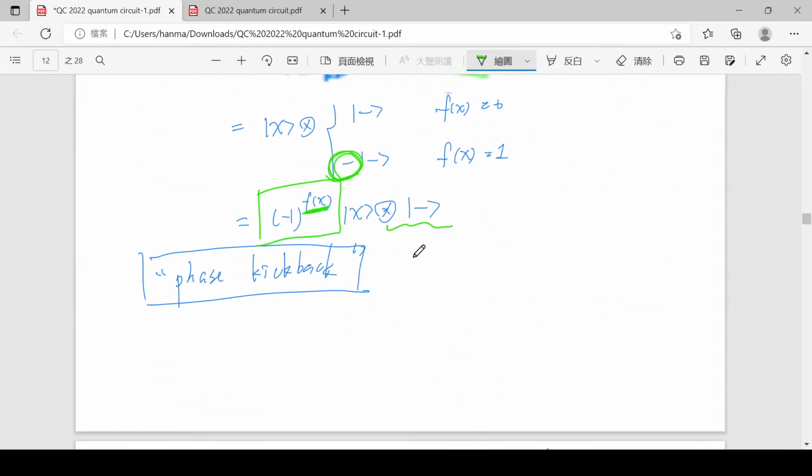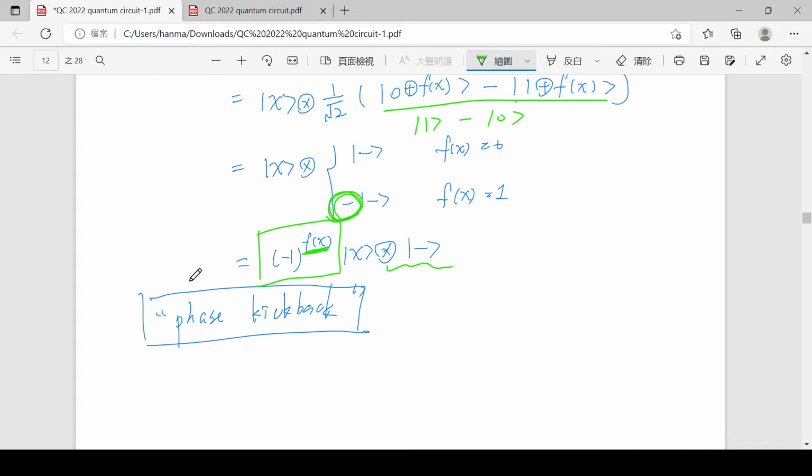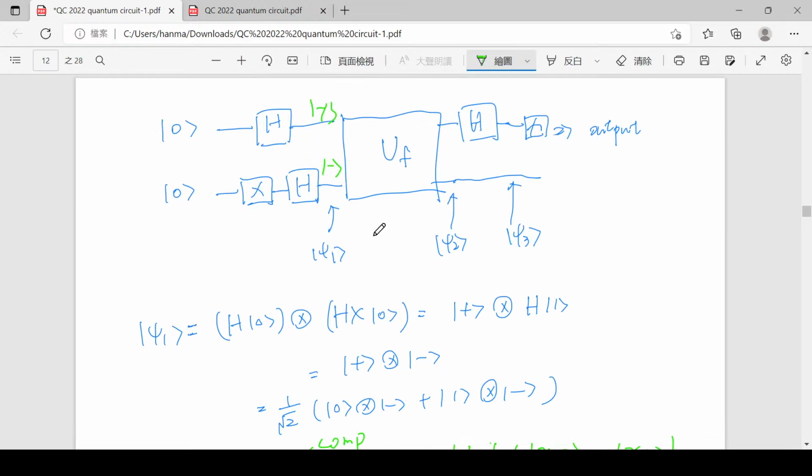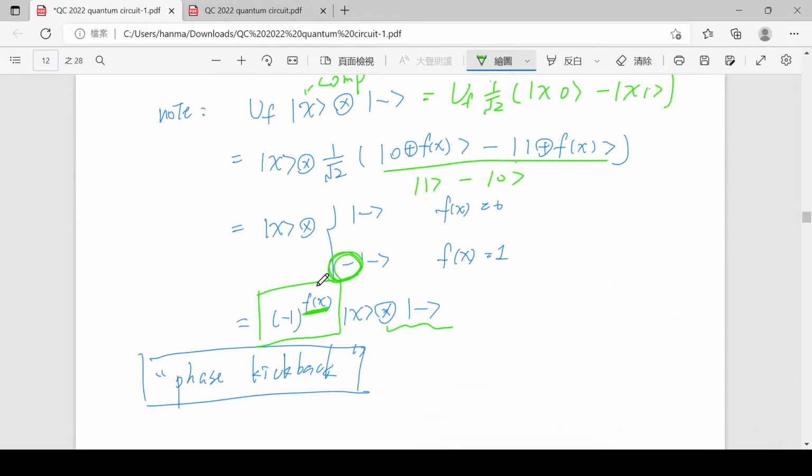This is really nice because it makes our problem a lot simpler. We can ignore the second register, which just stays as the minus state all the time, and what your oracle does is apply a phase depending on your function value. This is a really cool technique, and we'll see it all the time in our quantum algorithms. Obviously this is only possible for quantum algorithms, because for classical algorithms there is no such thing as phase.